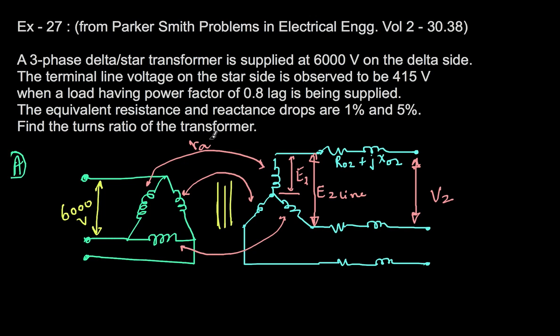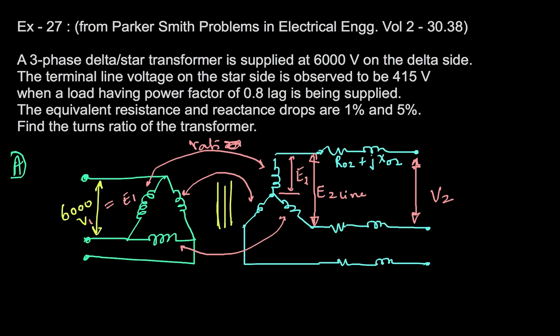Here E1 is exactly equal to V1, because there is no voltage drop here: the resistance and reactance have already been transferred to the secondary and considered there. That is what is given in the question.